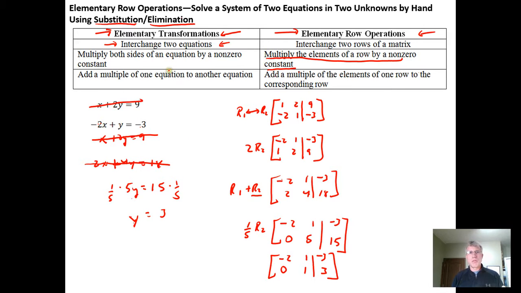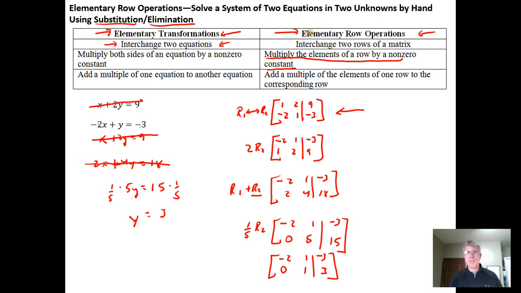When we put the system into matrix form, we can still apply those same types of transformations that we did when we included the variables, but we can just apply the transformations to the matrices. And what you can see is you really don't need to know the variables. The variables don't need to be involved in this transformation process.